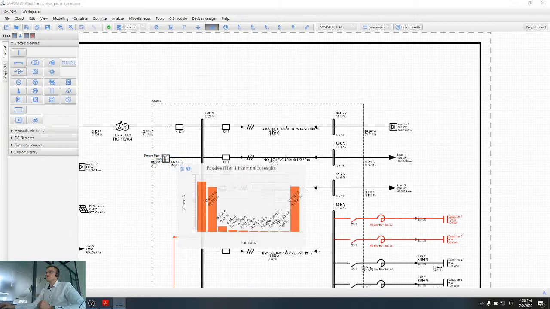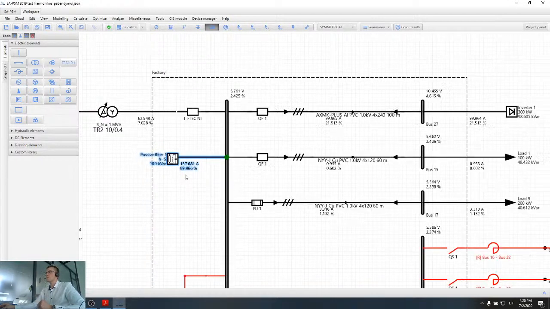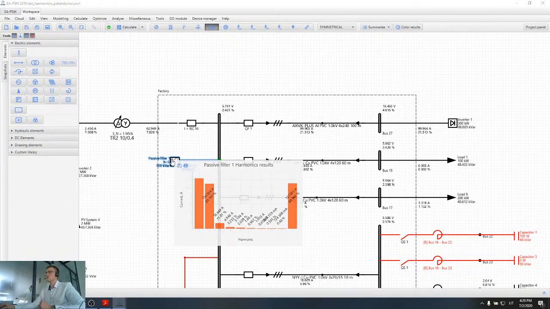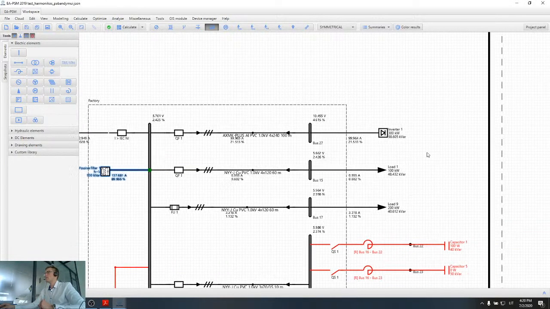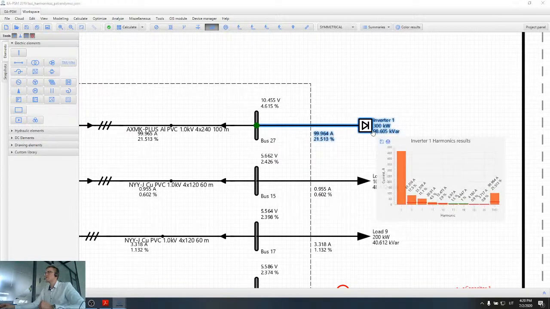So how to solve this problem? In order to avoid this filter overloading, we can use this filter, and most commonly it is used only for single nonlinear load harmonics reduction. So we have this inverter connected here, and for example we only want to reduce harmonics of this inverter.